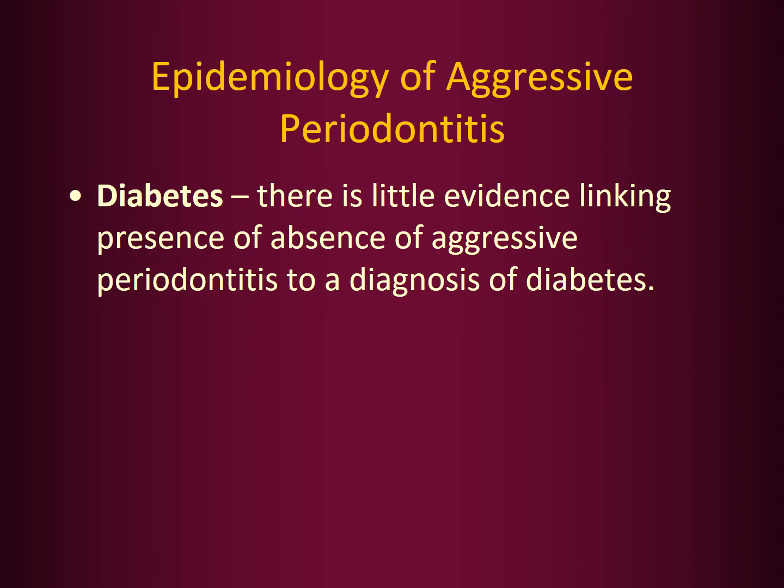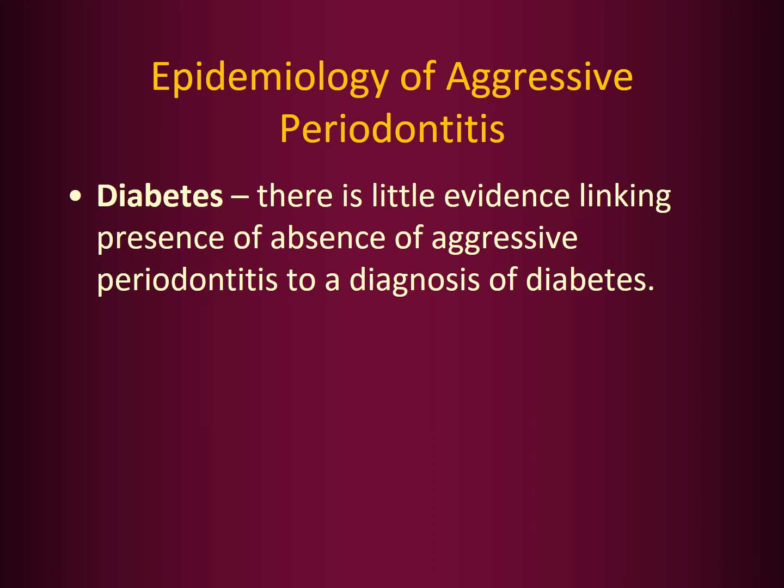Well, what about diabetes? For aggressive periodontitis, there's not very much evidence linking aggressive periodontitis with diabetes at all. Chronic periodontitis, yes, but not aggressive periodontitis. There doesn't appear to be much evidence to support a relationship between those two conditions.